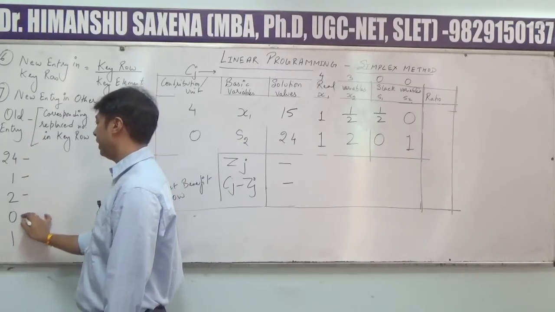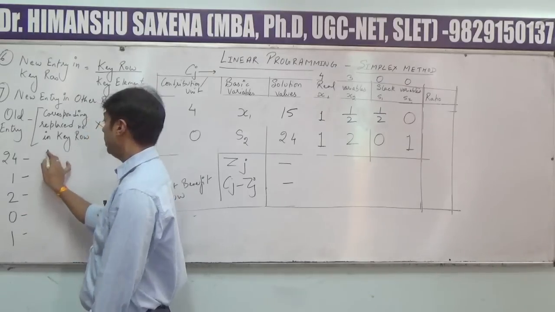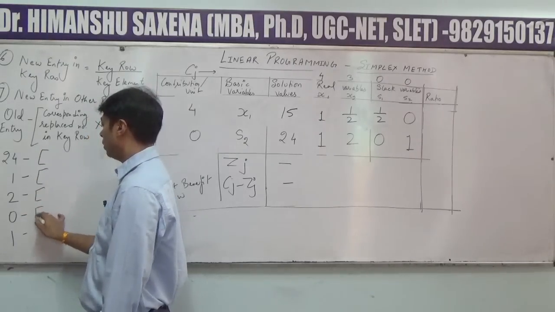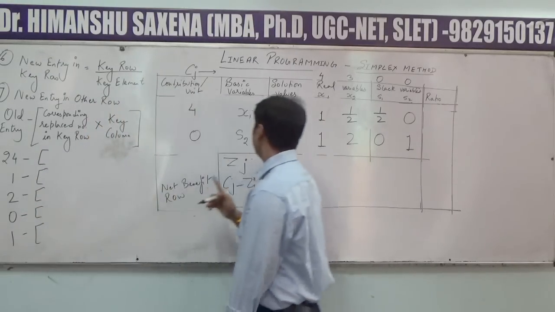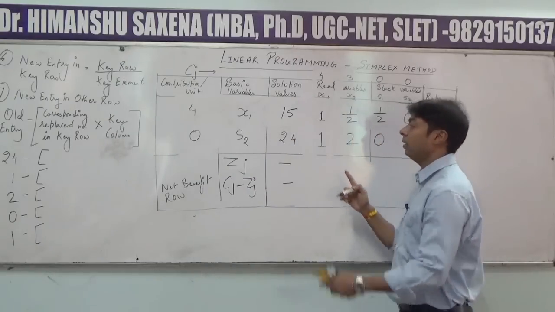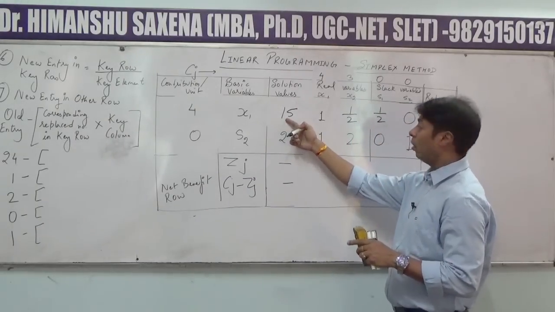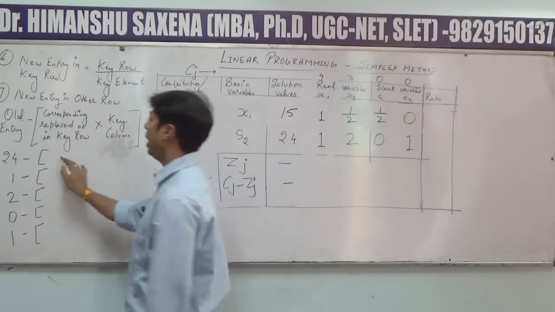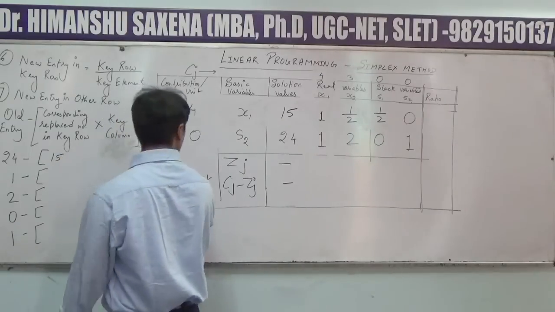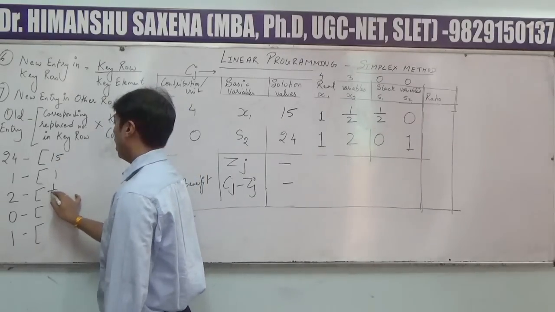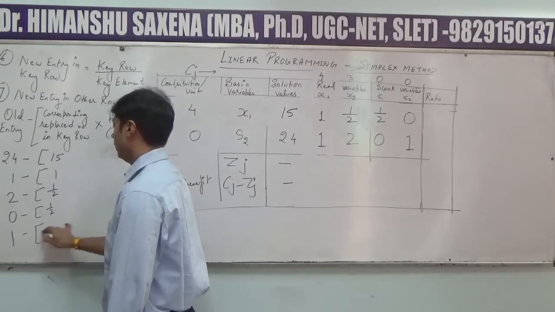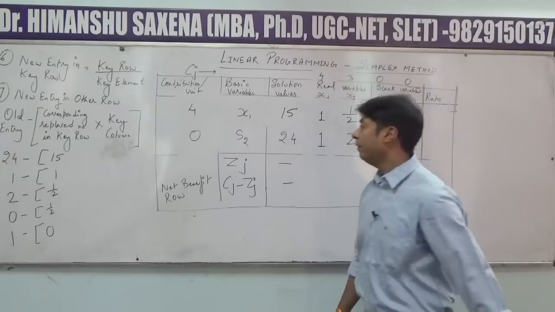Then there will be a negative sign. And now we will put up all the values which have been recently replaced in that key row. Right? All these new values you will have to keep. They are 15, 1, half, and 0. I repeat, what have we done?